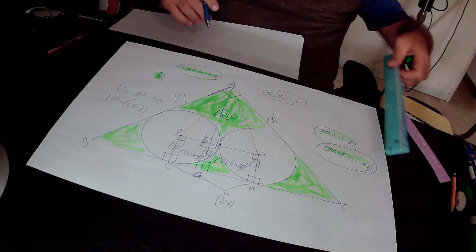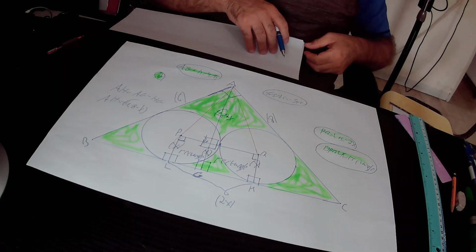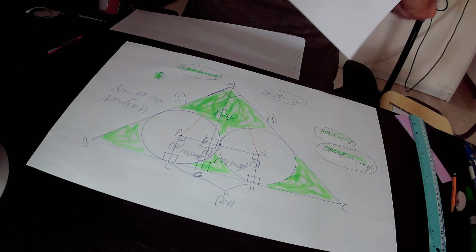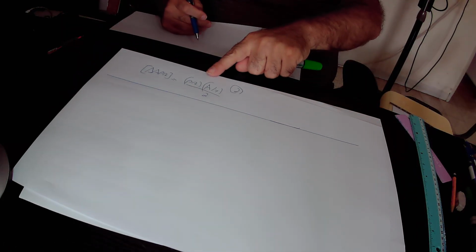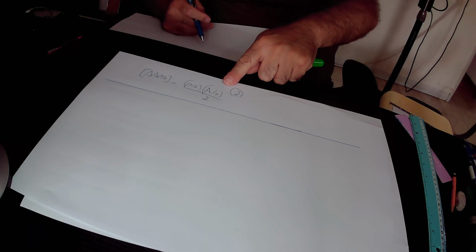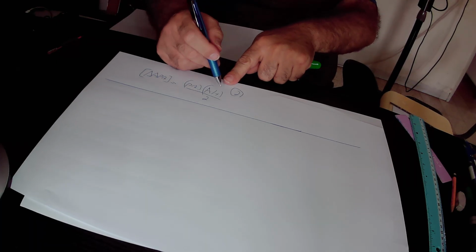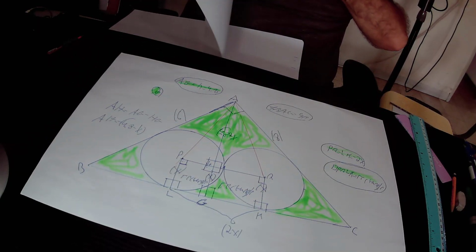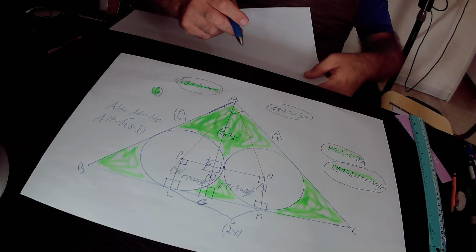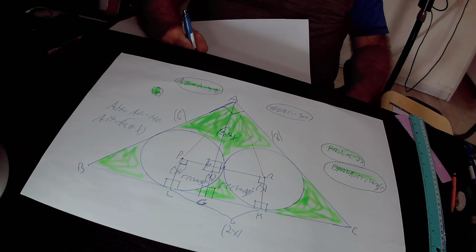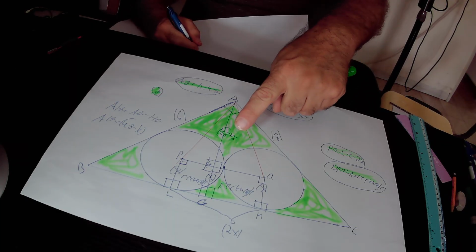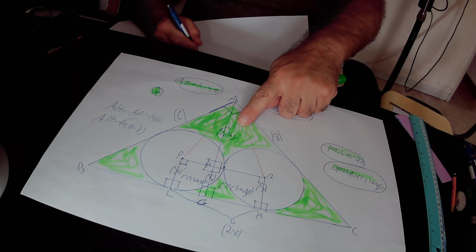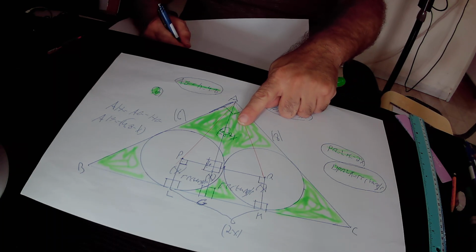PQ is 2x. We have found out that AH equals 4.8 minus x, over 2.